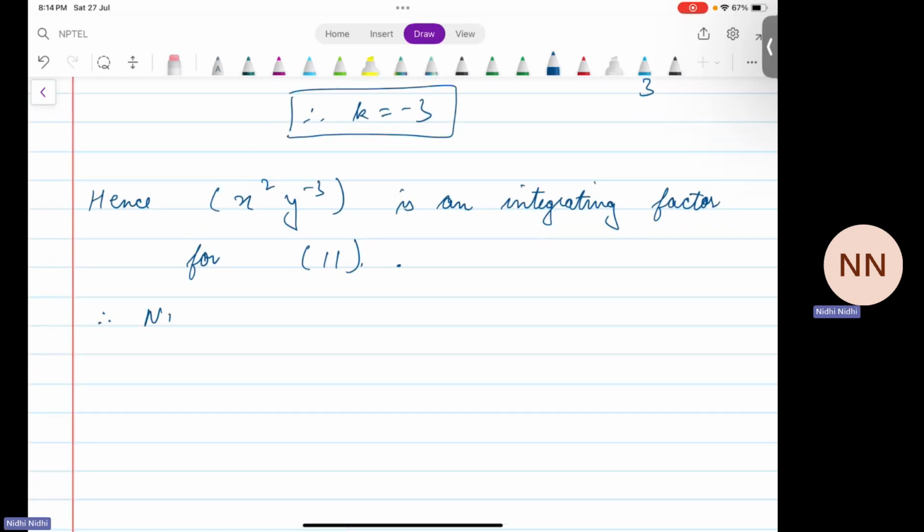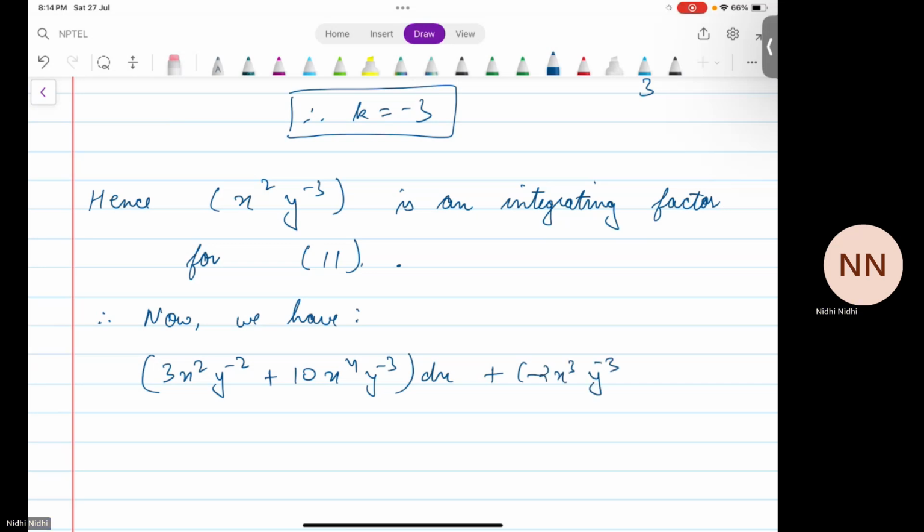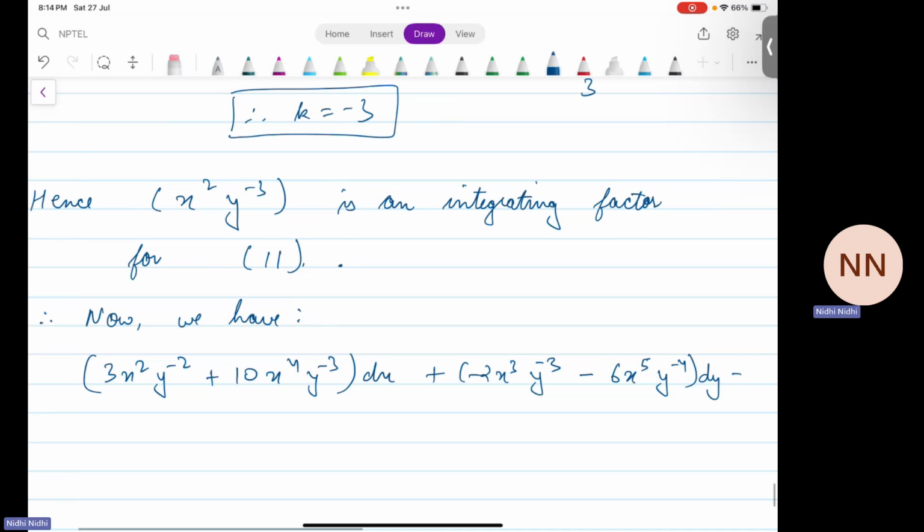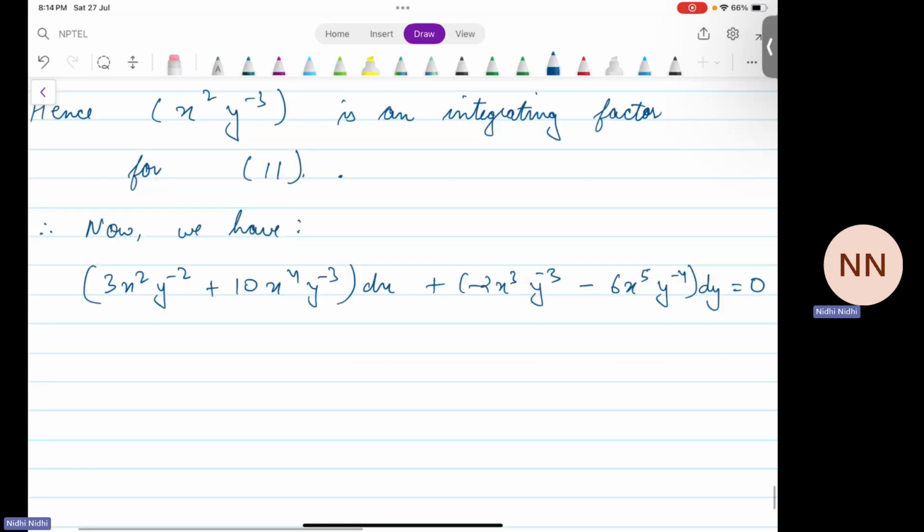Therefore, now we have (3x^2 y^(-2) + 10x^4 y^(-3)) dx plus (-2x^3 y^(-3) - 6x^5 y^(-4)) dy equal to 0. One can easily see that this is an exact equation.